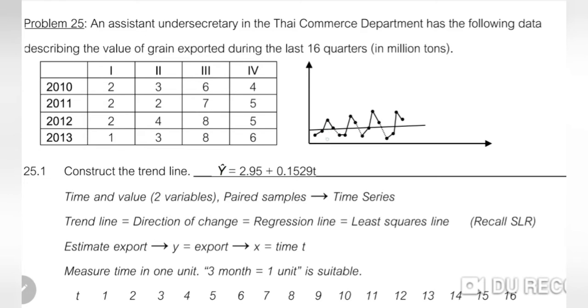So this pattern: quarter 1, 2, 3 rising up, quarter 4 falls down. Every year you see the same pattern. Therefore, in this time series, a seasonal pattern exists.